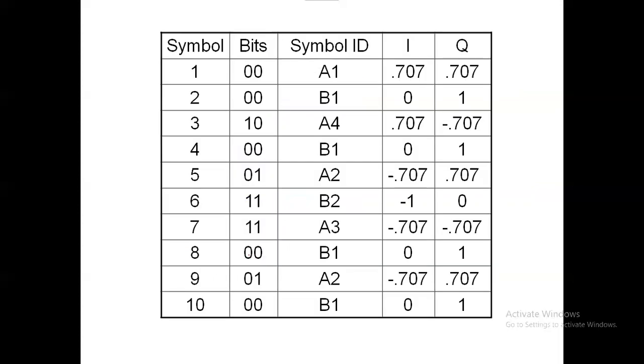In that way it goes on, one from the A constellation, then the B constellation, then A, then B, and this is the way the AB constellations work. So the effect is that we have only pi by 4 transitions in the received constellation diagram or the received waveform plot.